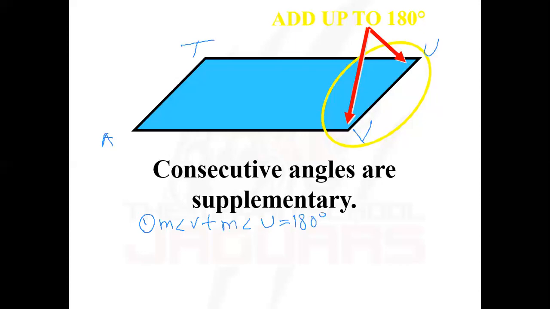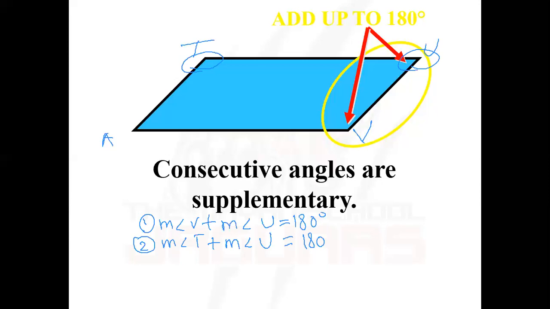I also can say that the angles T and U are consecutive angles. So that means that the measure of the angle T plus the measure of the angle U equals 180 degrees. And also, guys, let me switch color in here.